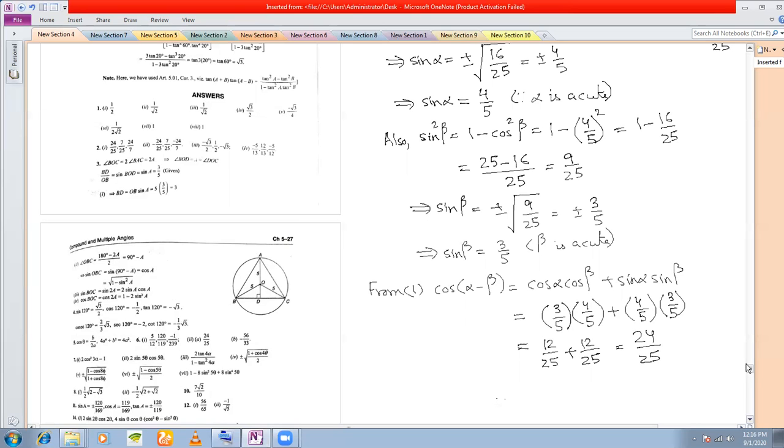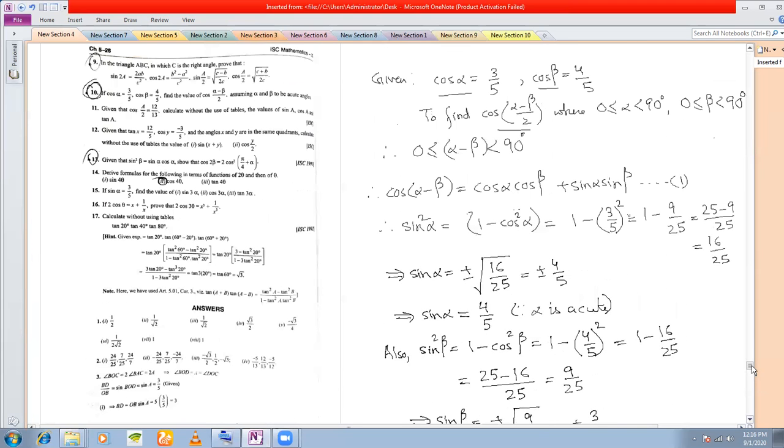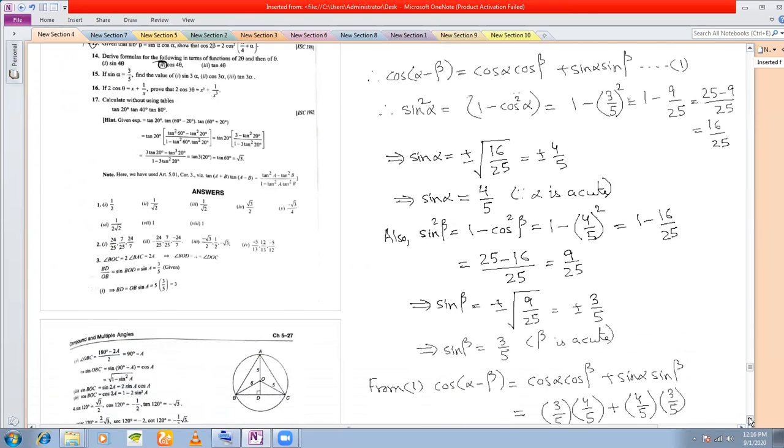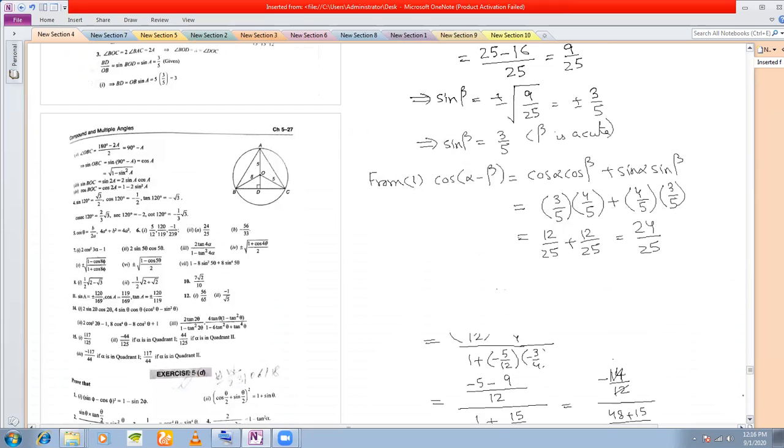Now we have calculated cos(alpha minus beta), but what is our aim? Our aim is to calculate cos((alpha minus beta) by 2). But why did we calculate cos(alpha minus beta)? We calculated it so that we can calculate cos((alpha minus beta) by 2) with the help of the multiple angle formula.